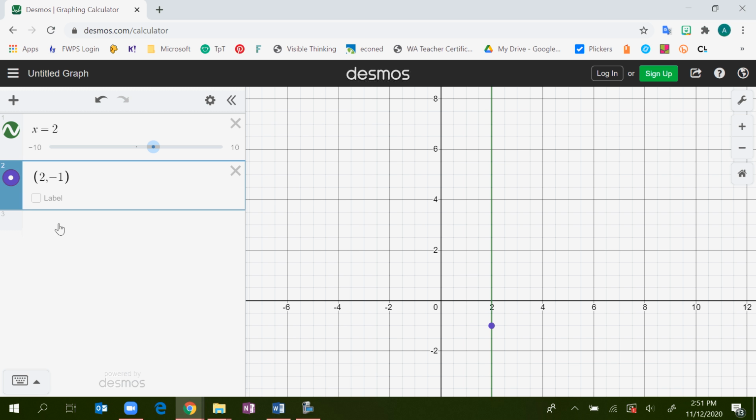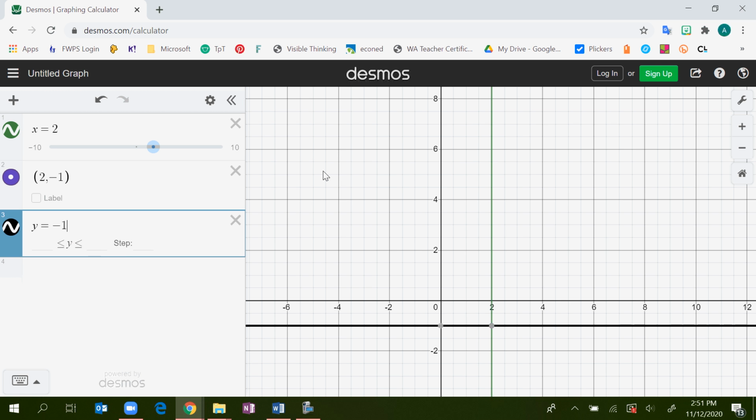When we talk about horizontal lines, that's when we have y equals something. And it's just going to be a singular number wherever y is. And in this case, since we have a point 2, -1, and we want it to cross through that point, that means my y value has to be -1 at all times.